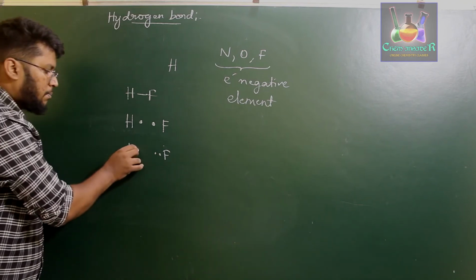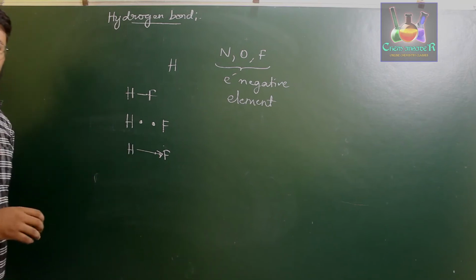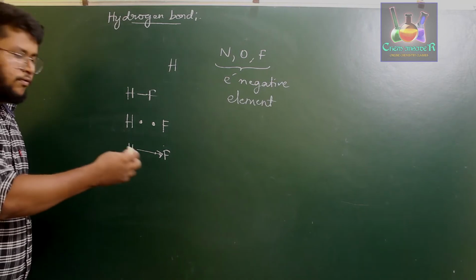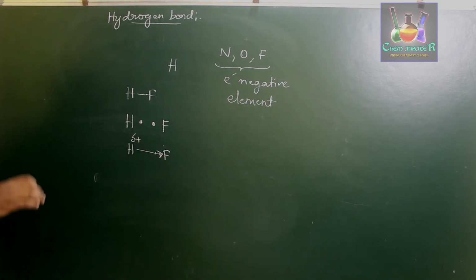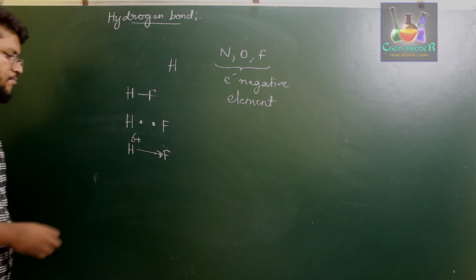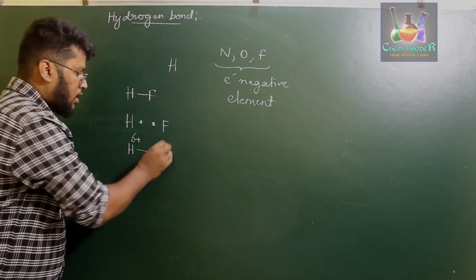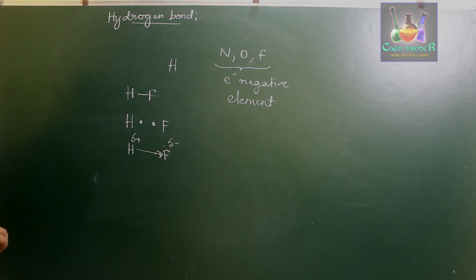Since the electrons are completely dragged towards the fluorine atom, hydrogen carries a slight positive charge as it is more electropositive when compared to fluorine. Therefore, it carries a delta plus charge, which is called the partial positive charge. Similarly, fluorine, which has gained an electron from hydrogen, carries a partial negative charge denoted as delta minus.